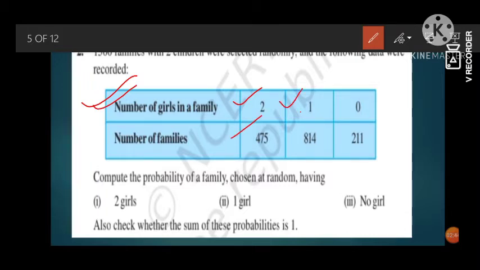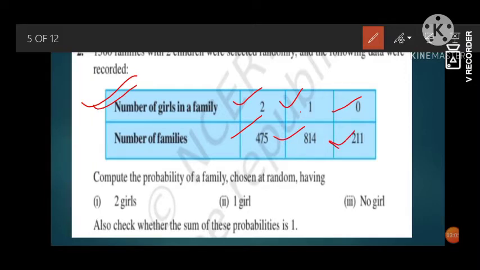Then the number of girls in a family is 1, and the number of families having 1 girl is 814, and the number of girls in a family is 0. That means in a family there are no girls. Such families number 211.